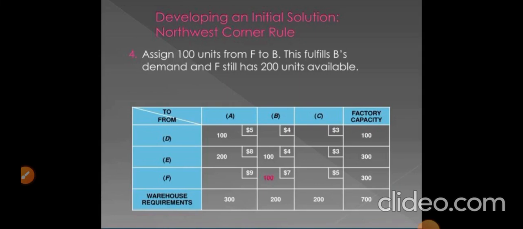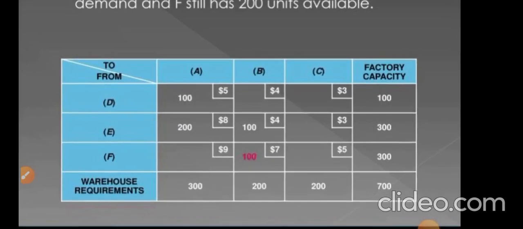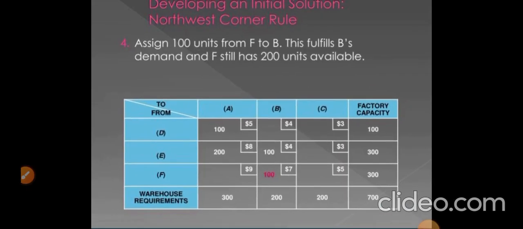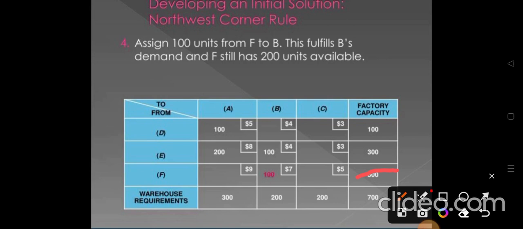Assign 100 units. Here we have only 100. So assign 100 units and strike out this. When 100 units are assigned, we get the balance as 200. So the entire column is removed.